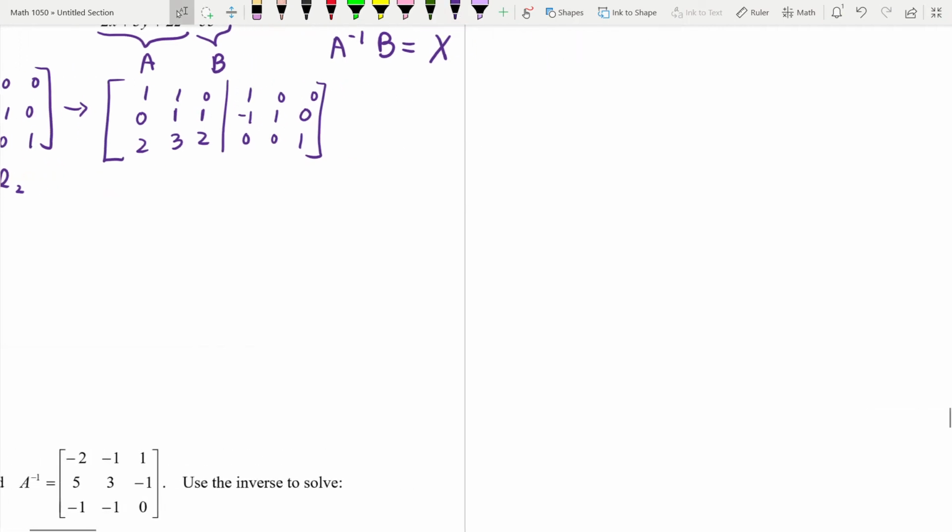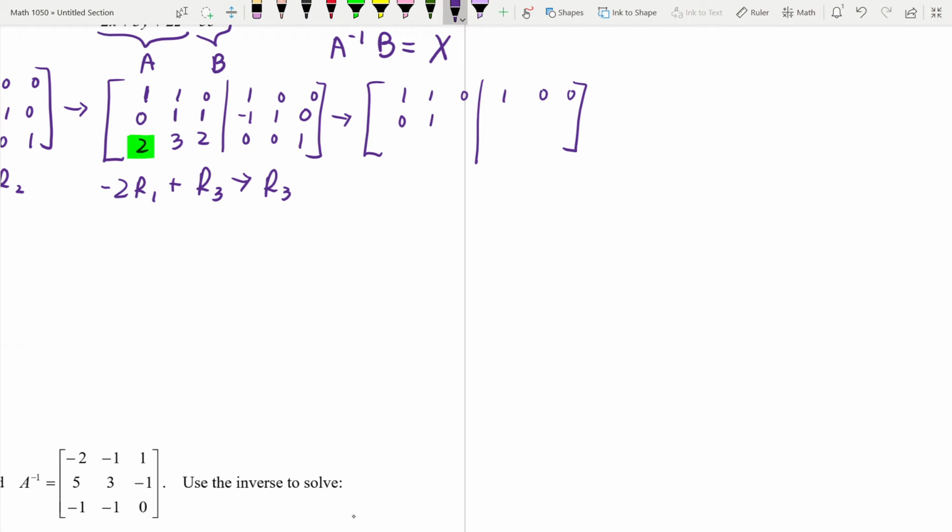The next thing I need is a 0 right there. Use the 1. So go negative 2 times row 1, added to row 3 becomes my new row 3. So row 1 doesn't change.